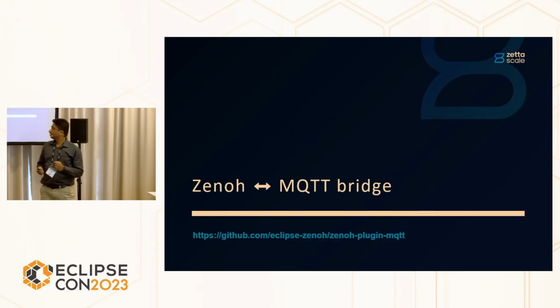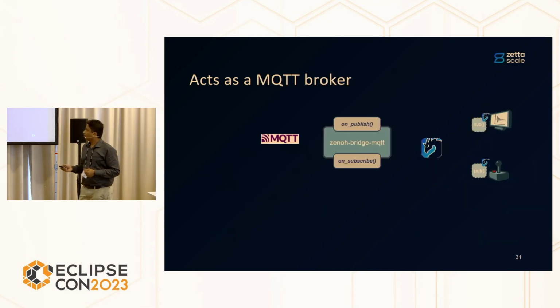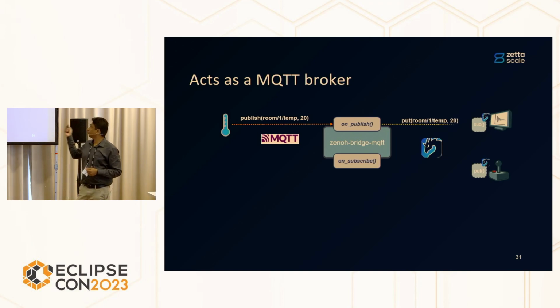And let's talk about the Zenoh MQTT bridge. It also comes in two flavors, as a Zenoh plugin, plugin to the router, and also as a standalone executable. The bridge is implemented as an MQTT broker, and whenever there is an MQTT publisher publishing the data, it puts that information onto the Zenoh by calling the onPublish call on the bridge.